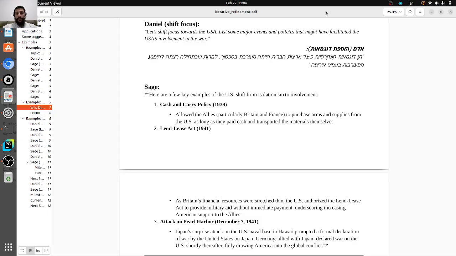And if we take a look at Sage's response, we see that he listed some of the major events and policies related to the causal role of the USA, such as the cash and carry policy of 1939, the Lend-Lease Act of 1941, and the attack on Pearl Harbor.